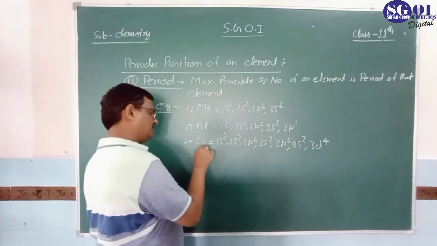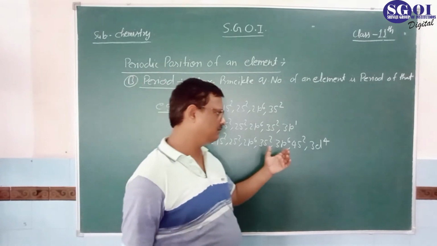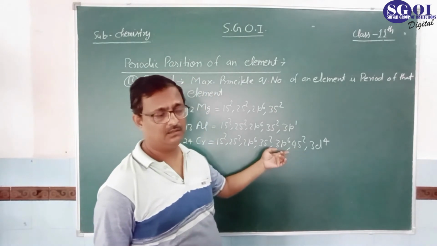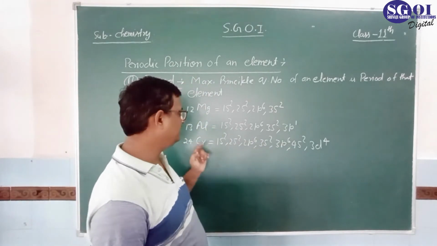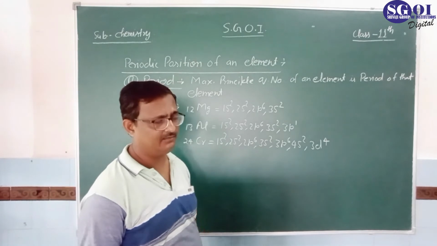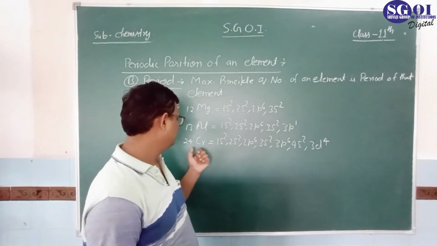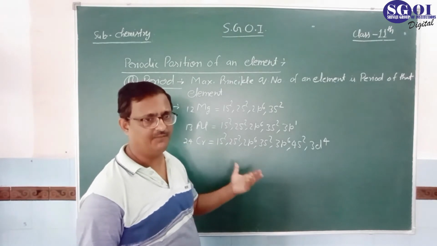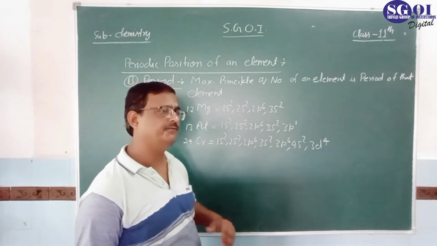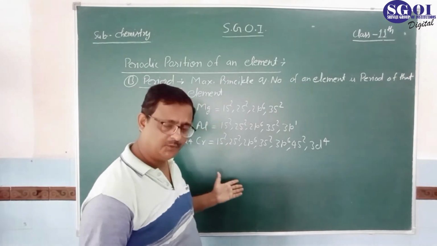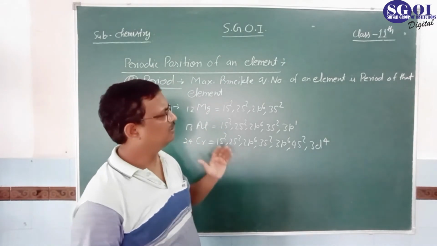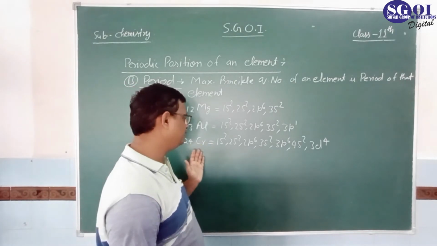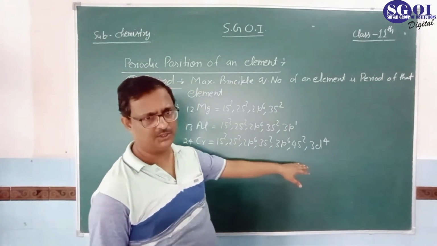For chromium, don't write its stable configuration. The stable configuration is written only when the question is for configuration. If the question is for periodic position or for quantum number, then you have to write its ground state configuration.